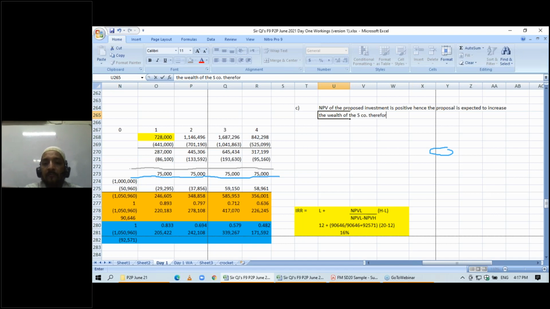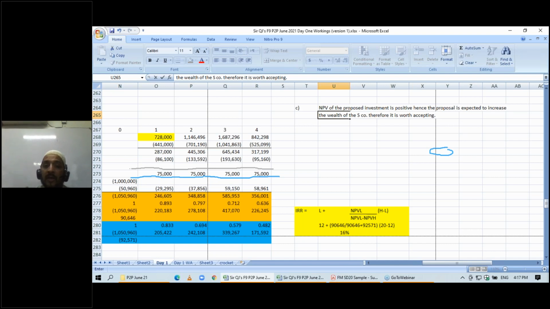Therefore, it is worth accepting. Right? So if the NPV of the proposal is positive, only then you would accept the proposal.